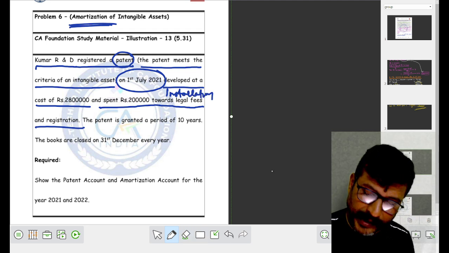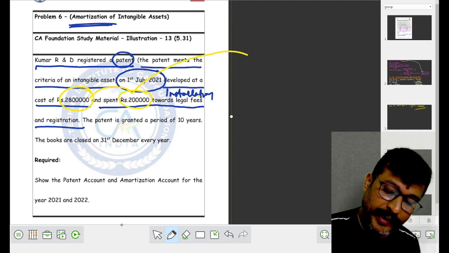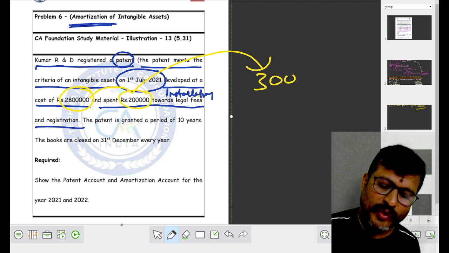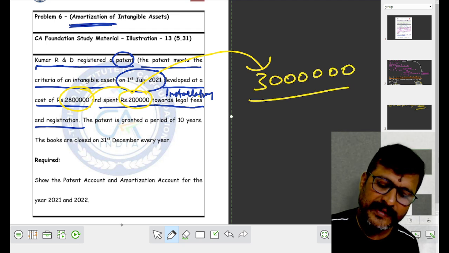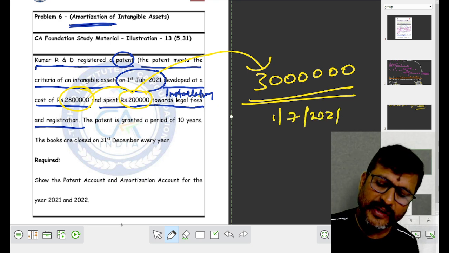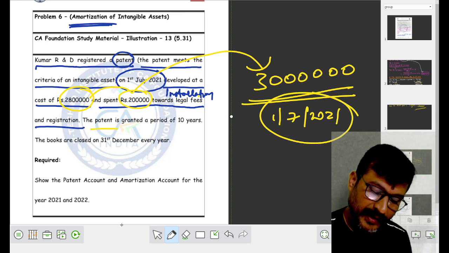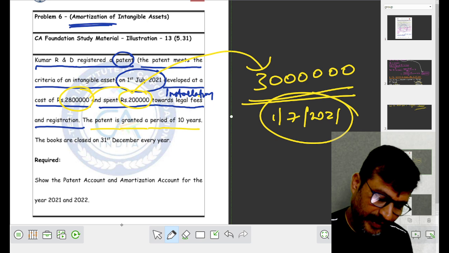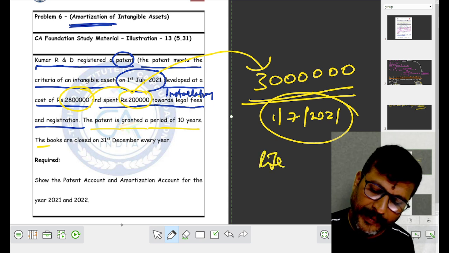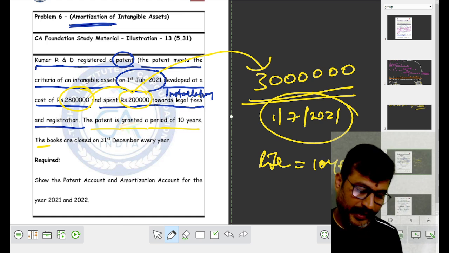Now tell me, what is the total cost of this patent? 28 lakh plus 2 lakh, the total cost is 30 lakhs. When the patent was purchased, on July 2021, the patent was granted for a period of 10 years. What is the life of the patent? Life of the patent is 10 years, my dear student.